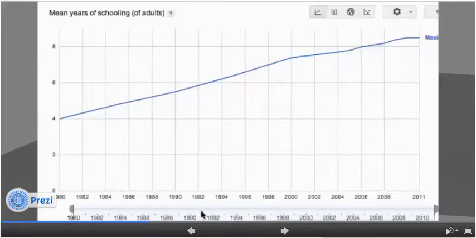So this graph is the mean years of schooling of adults that they receive in Mexico, and it is a very positive sign that over the past couple of decades, it has been slowly increasing, but as you can see present day, the total average in Mexico of years of schooling per individual is approximately 8.5 years.